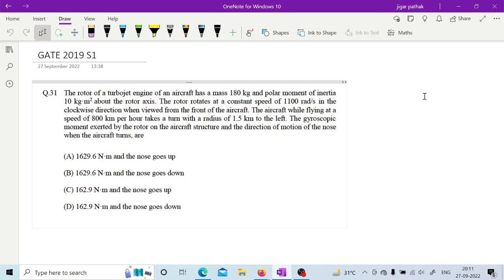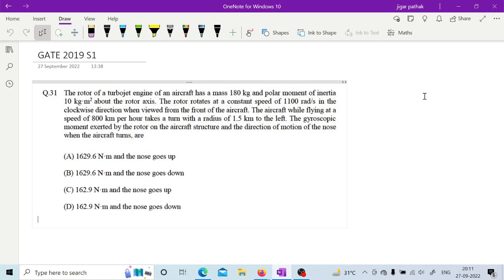Now the aircraft, while flying at a speed of 800 km per hour, takes a turn with a radius of 1.5 km to the left. Find the gyroscopic moment exerted by the rotor on the aircraft structure and the direction of motion of the nose when the aircraft turns.